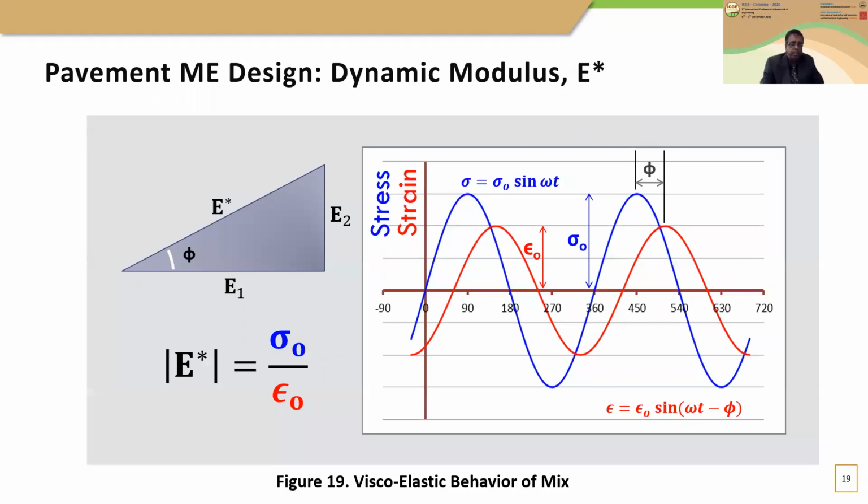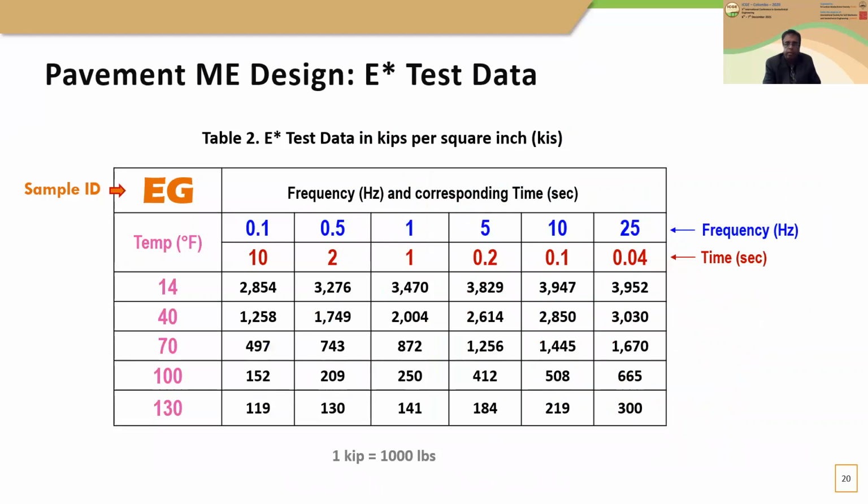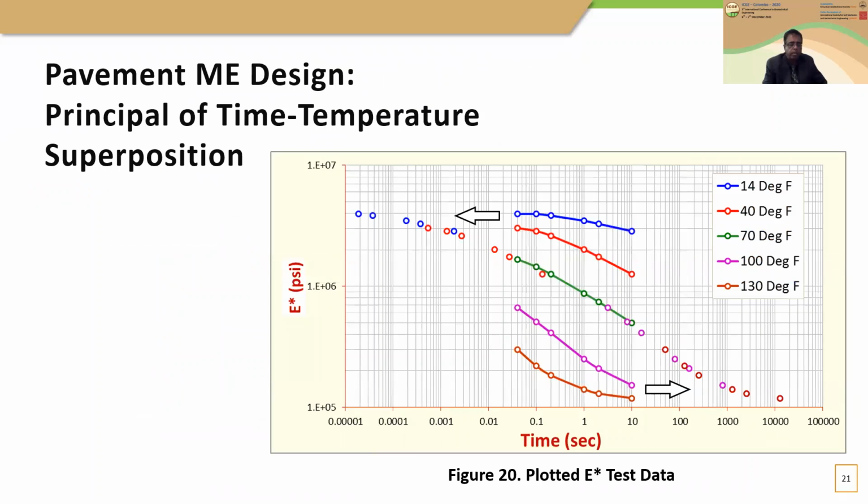Figure 19 shows how E star is computed from the test data. Then table 2 shows E star values of a mix obtained after conducting 30 tests. The time temperature superposition is used to obtain a single curve called master curve for a mix, keeping the 70°F curve as reference. The other 4 curve segments are shifted.